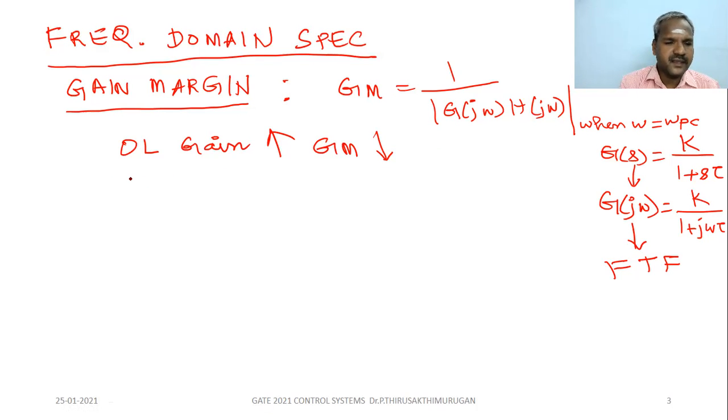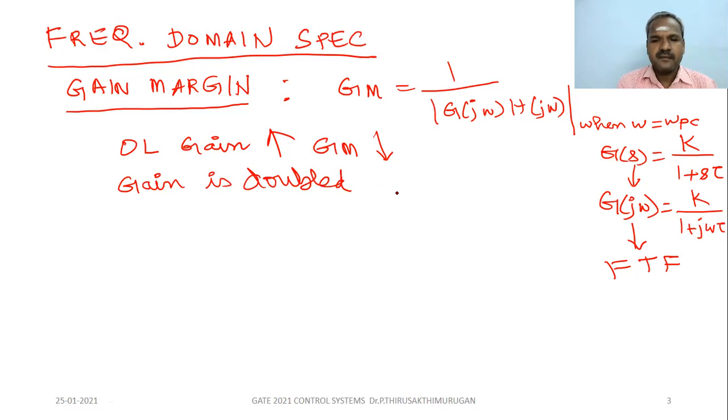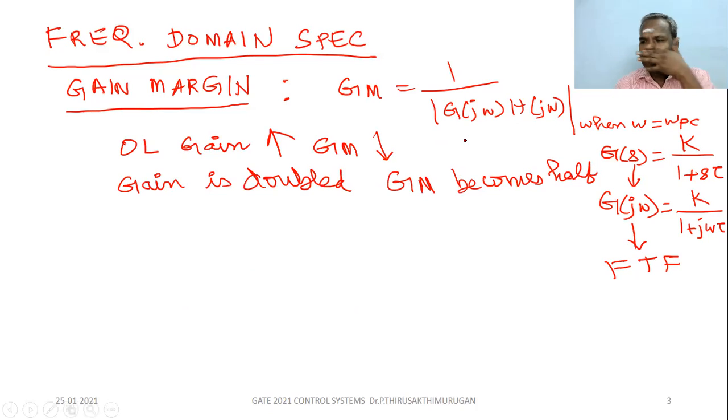Also, this is very important: if the gain is doubled, then the gain margin becomes half of that.